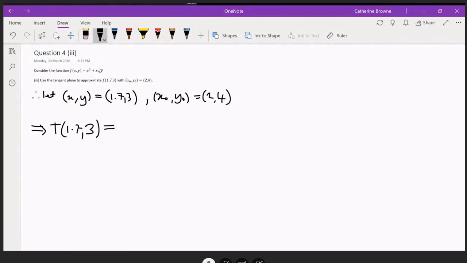So this time we use x naught, y naught as 2 and 4. So we just sub that into our tangent plane approximation.